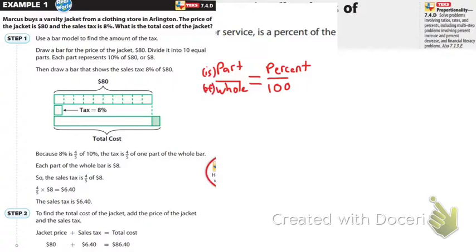But in the real world, your whole is going to be seen as a total cost. The total cost, the original cost, however you all choose to see it. The original cost in this situation. And the part can either be seen as the tax, tip, or commission.